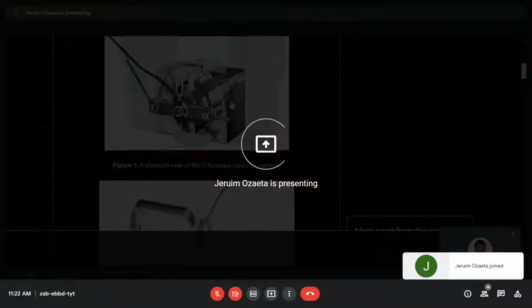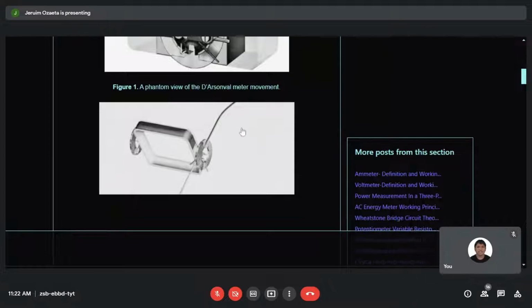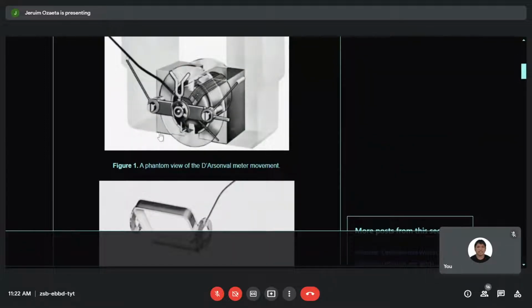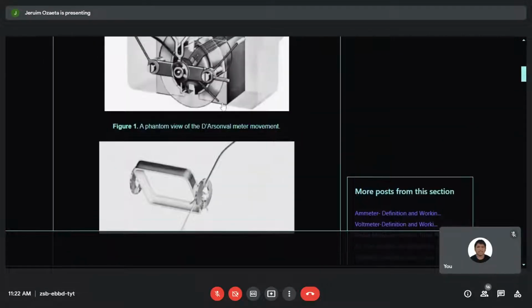Okay, so here is how the instrument appears. This is actually the construction of the instrument. Notice that the coil is suspended by bearings, these bearings at both ends, and this is under the influence of the permanent magnet. This is the Arson-Ball meter movement.